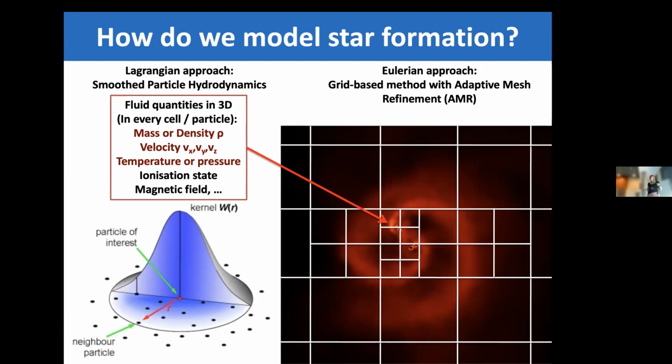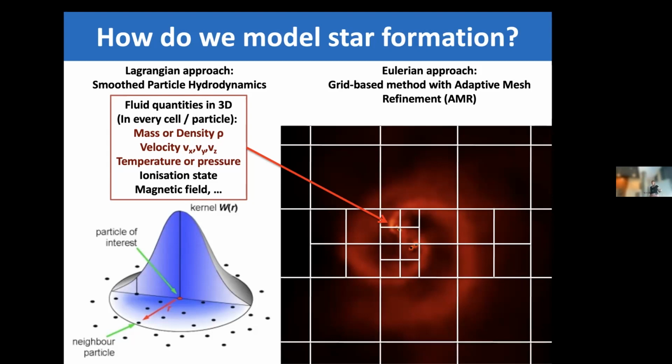However, they are not so good for the dynamic range, because if you want to really zoom in on something, you need to introduce more and more and more cells, and then it becomes very quickly very expensive. So the typical star formation simulations you see, they go maybe from densities of 10 to the minus 18 or so to 10 to the minus 15.